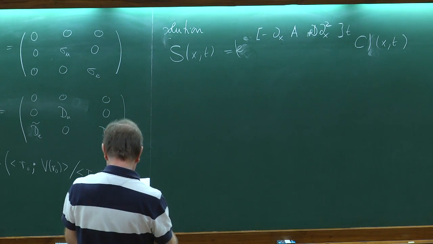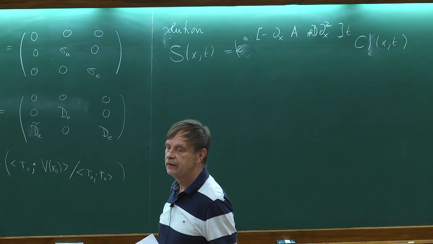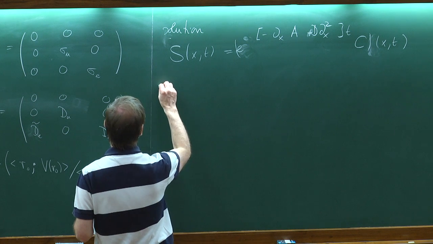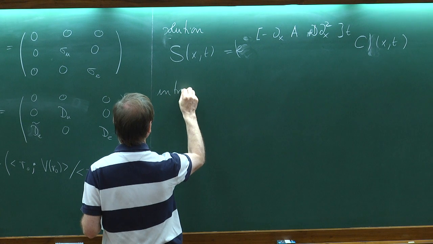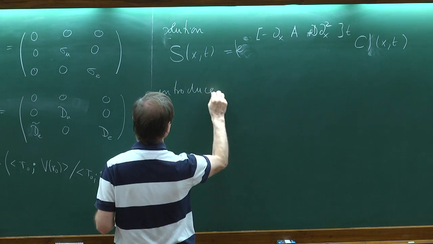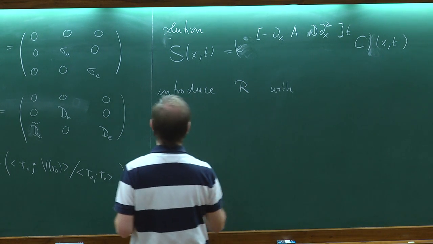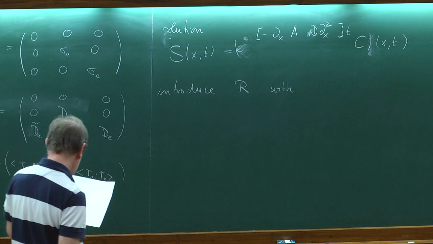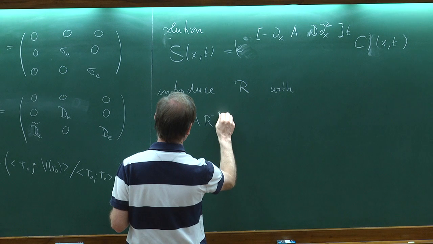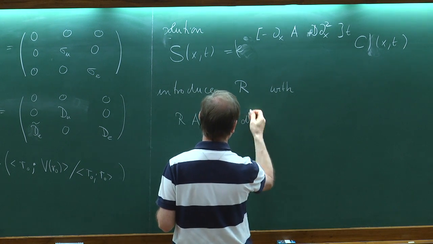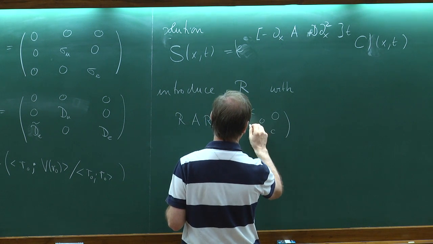I will not do this in any glorious detail, but: You said linear, did you mean diagonal? Diagonal, yes. So let me introduce R. This will be a 3x3 matrix R with the property that it should diagonalize the A. So R A R to the minus 1 should be equal to the diagonal matrix with minus c, 0, c, and 0 in the middle.